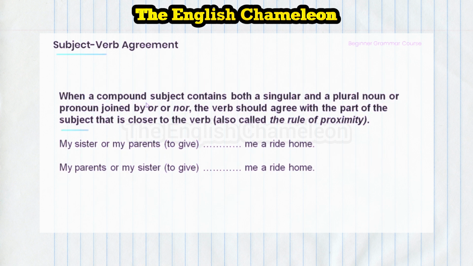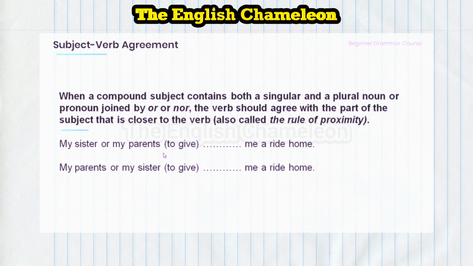Remember that when a compound subject contains both a singular and a plural noun or pronoun joined by or or nor, the verb should agree with the part of the subject that is closer to the verb, which is also known as the rule of proximity. Now have a look at the following sentences and fill in the blanks using the appropriate form of the verbs.